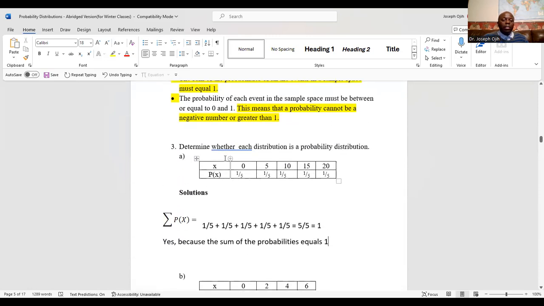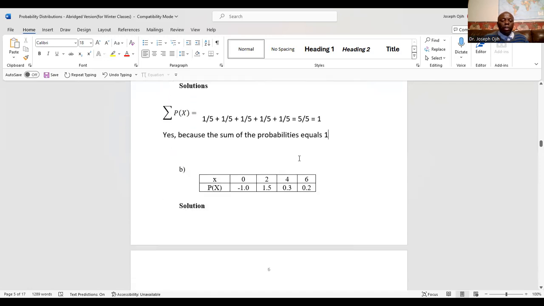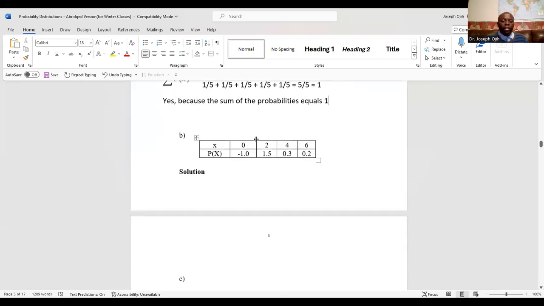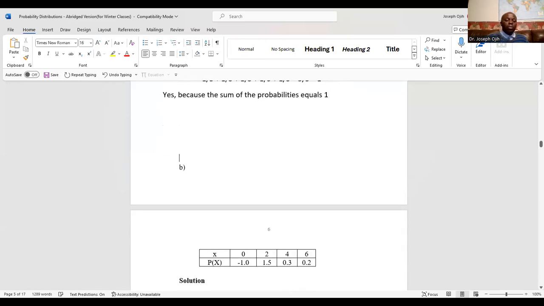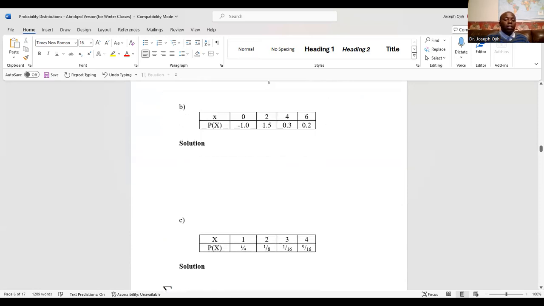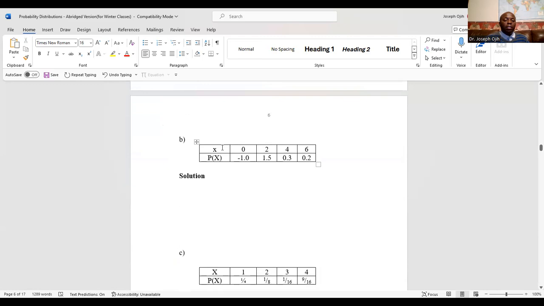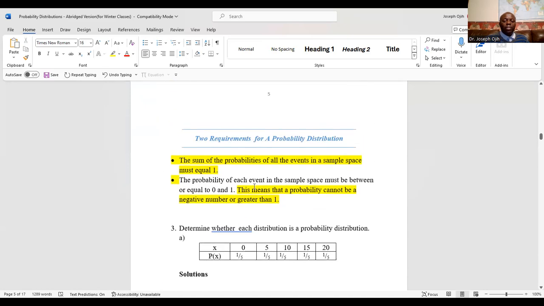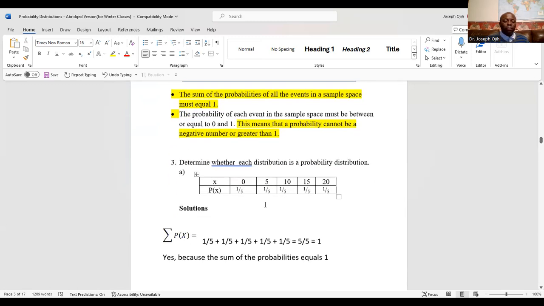Remember the question says, determine whether each distribution is a probability distribution. We have found that this one is, and I have shown you the reason. Let's look at the second one, which is this one here. I want to bring it to the next page so we can have enough room. Is this a probability distribution? You don't even have to do anything because remember the second requirement says that a probability cannot be a negative number or a number that is greater than 1.